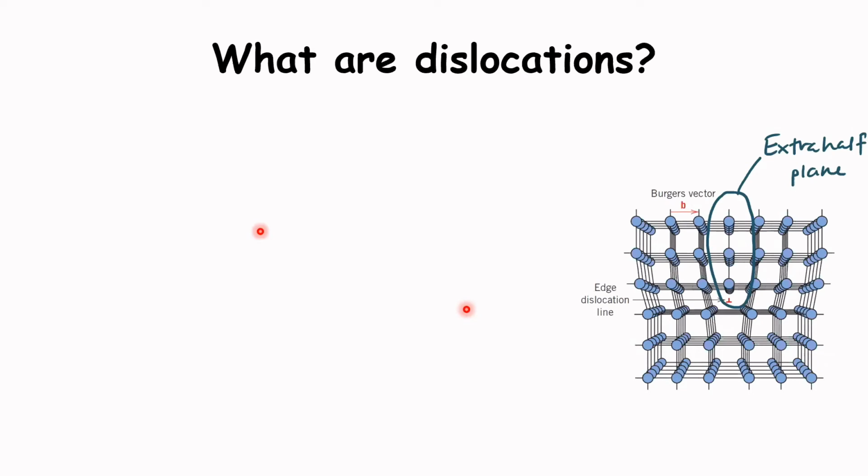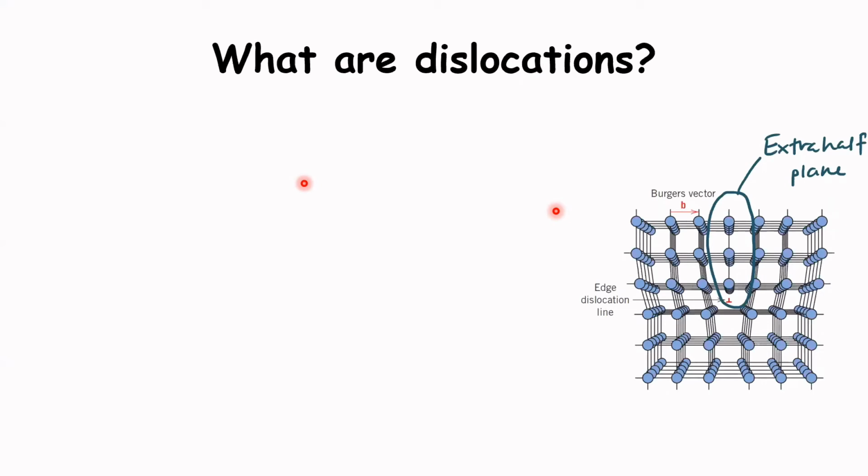So remember, what is the definition of a dislocation? They are a line imperfection in an otherwise perfect crystal. They are typically introduced into the crystal during the solidification of the material and also when the material deforms permanently.